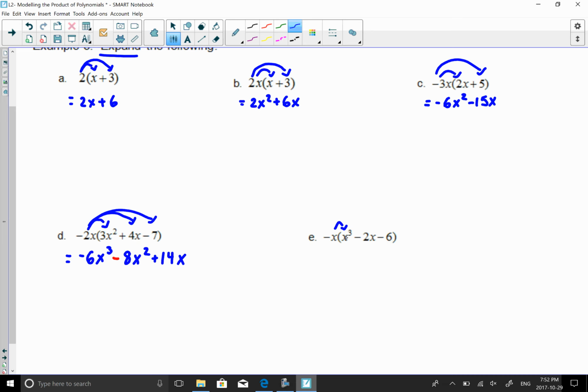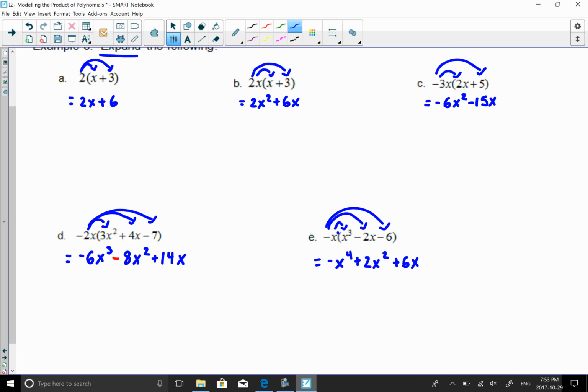Here's another example, negative x times x cubed. Remember, that's a negative 1 and a positive 1 in front of there, so that becomes negative. And then there's an imaginary 1 here that I'm adding to that 3 on the x exponent, so that's a 4. Negative times a negative becomes a positive 2. 1 here, that's squared. And then negative times a negative is positive 6. And we still have an x there.